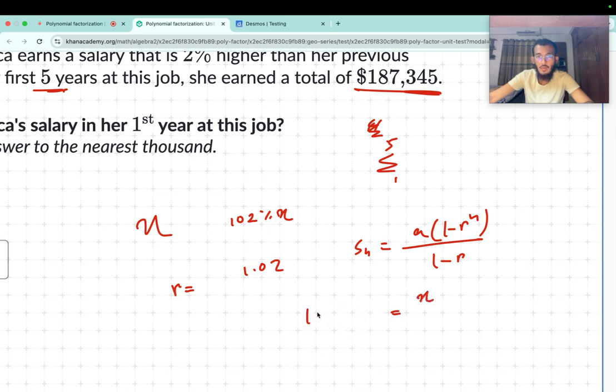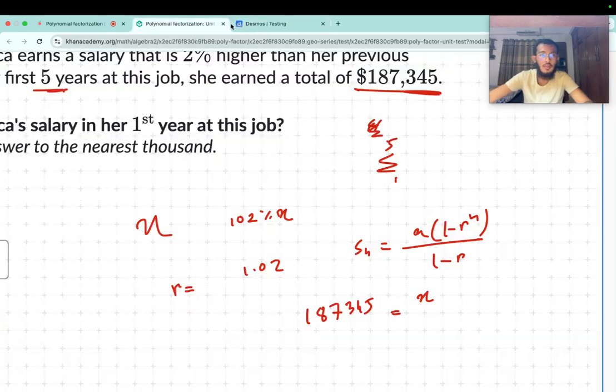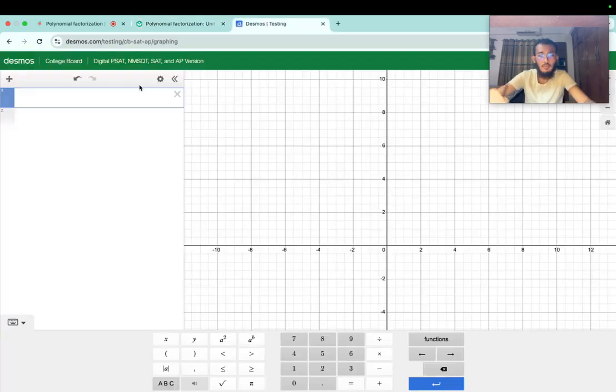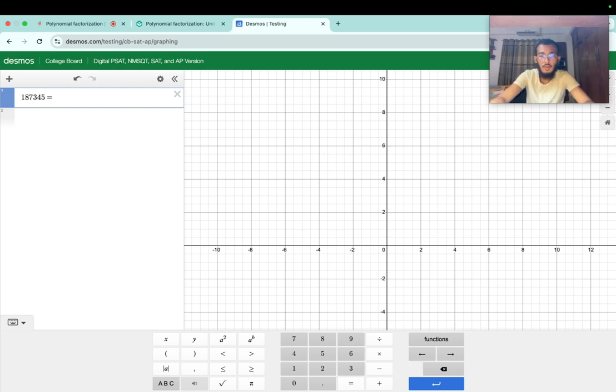We know the sum, which is 187,345. Let's write it here. This is equal to x, the unknown that we're trying to find, multiplied by 1 minus r, where the common ratio is 1.02, to the power n.